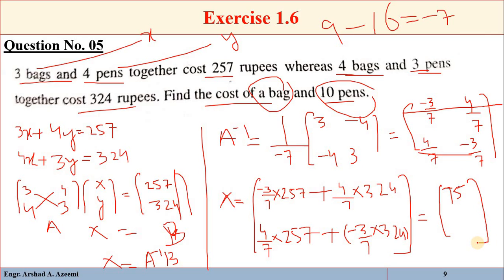And 4 multiplied by 257 minus 3 multiplied by 324 divided by 7, from here you will get 8. So the cost of a single bag is 75, the cost of a single pen is 8, and the cost of 10 pens will be 80. Okay, so this is the solution.